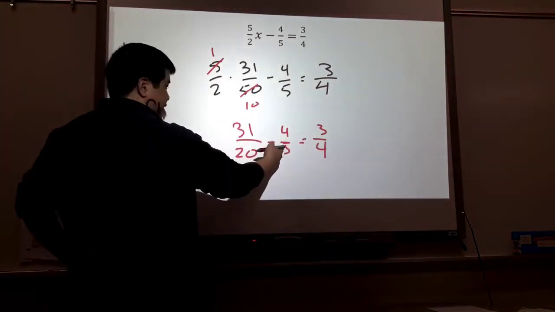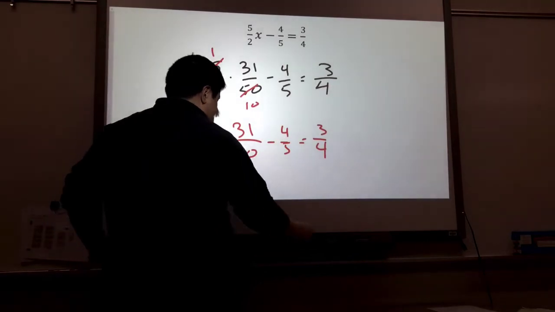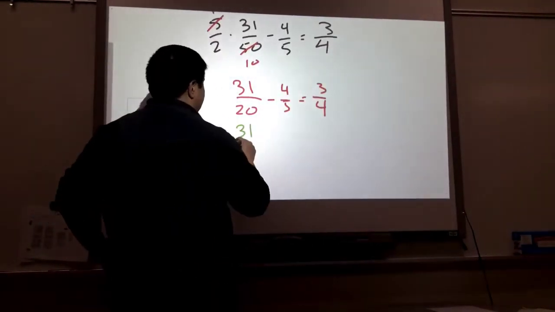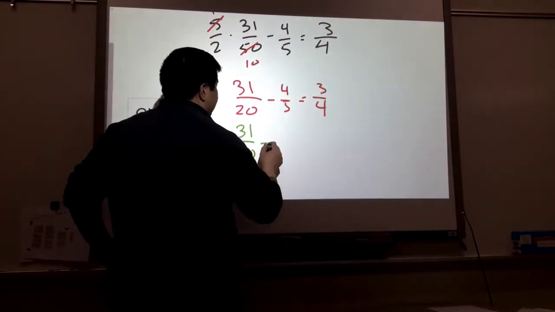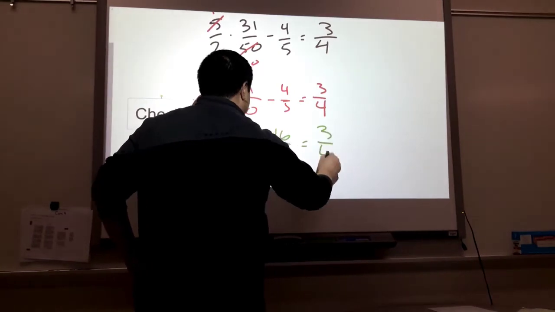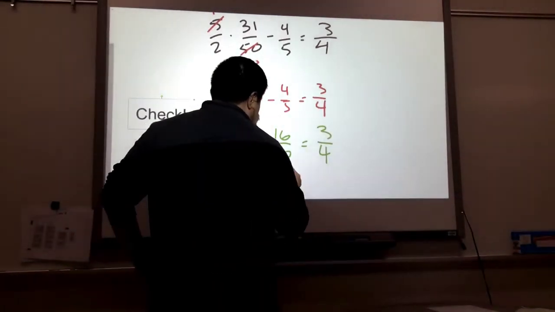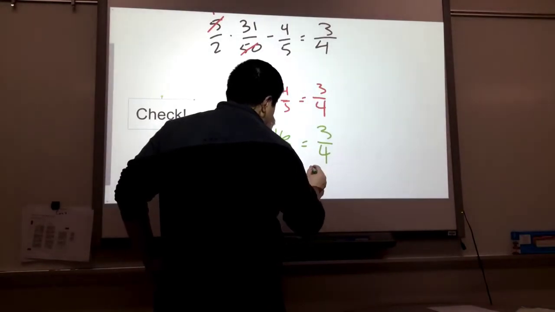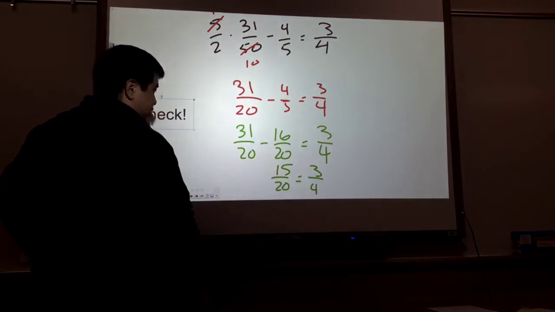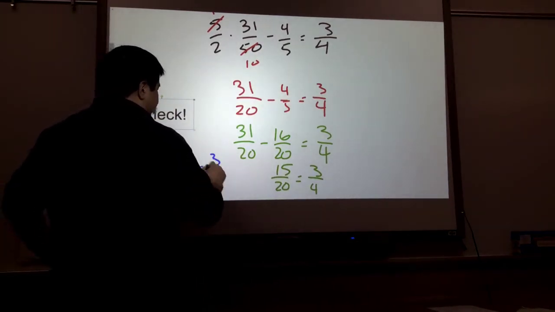We're going to have to multiply this 5 by 4 in order to get a common denominator in order to subtract. 31 over 20 minus 16 over 20 equals 3/4, hopefully. 31 minus 16 is 15 over 20, which in fact, when we simplify this, because 5 goes into both of them, we find that 3/4 equals 3/4.